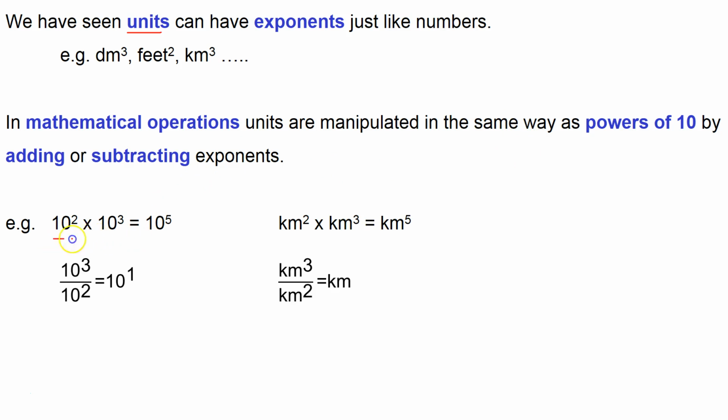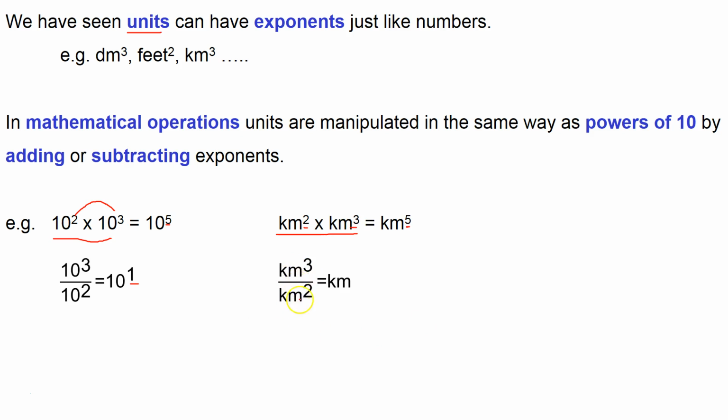So when we multiply 2 powers of 10, we add the exponents. When we divide 2 powers of 10, we subtract the exponents. So 3 minus 2 gives me 1. When we multiply two units together that have exponents, just like for powers of 10, we add the exponents.